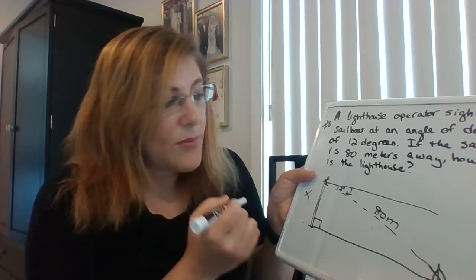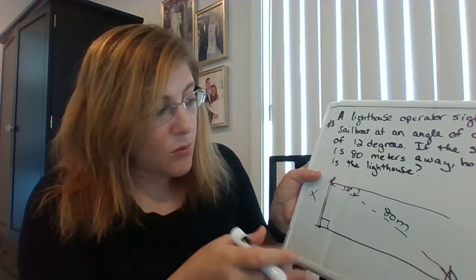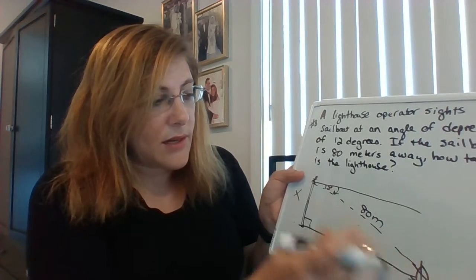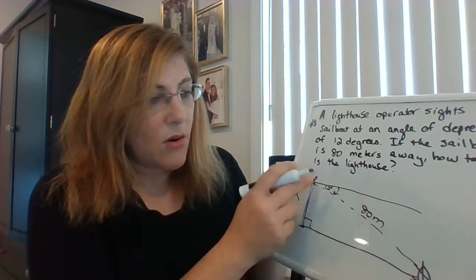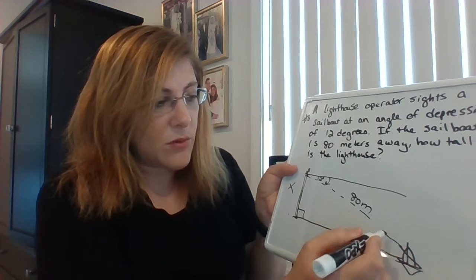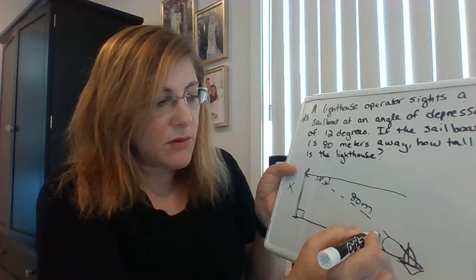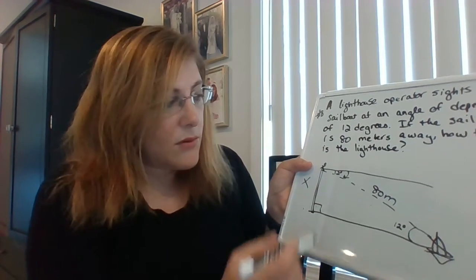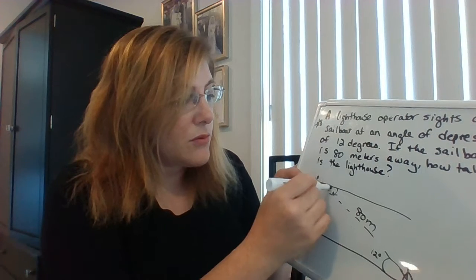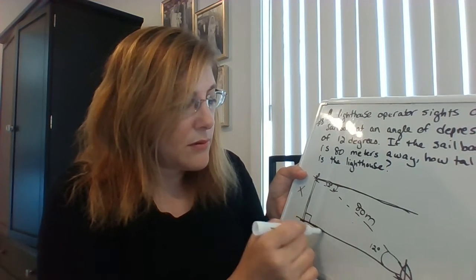Here's our right angle. The problem is we have to recognize that this angle and this angle are what's called alternate interior angles. So if this one's 12, this one must be 12. Because think about it, here's two parallel lines.